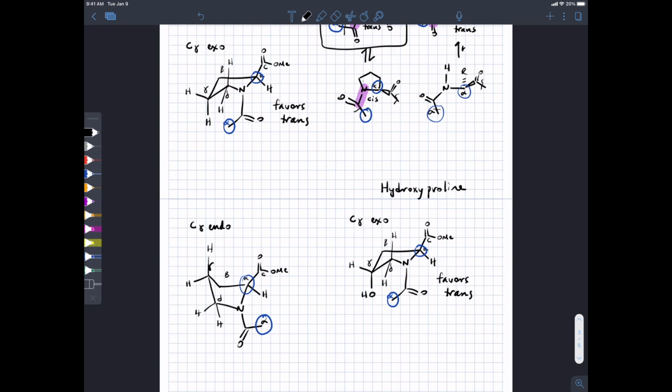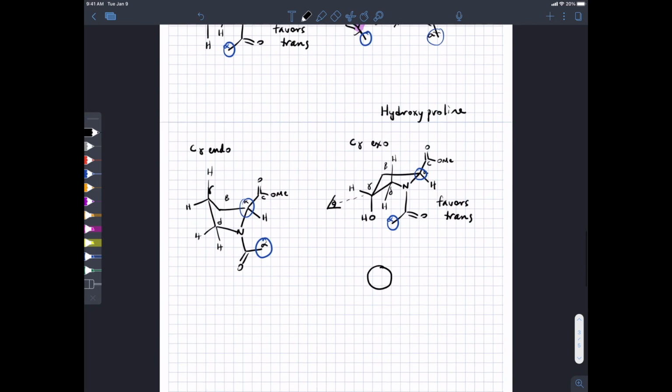If you were to look down this bond between the gamma and delta carbons, and I'll take you through this in a little more detail when we're back on Monday. Here's the beta carbon, nitrogen. Delta carbon is in the back. Nitrogen is here. Notice that when we're in this C gamma exo conformation, the two heteroatoms are gauche to each other.